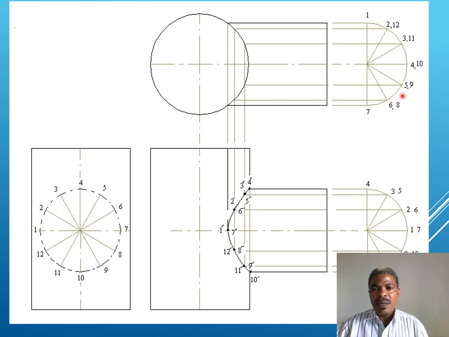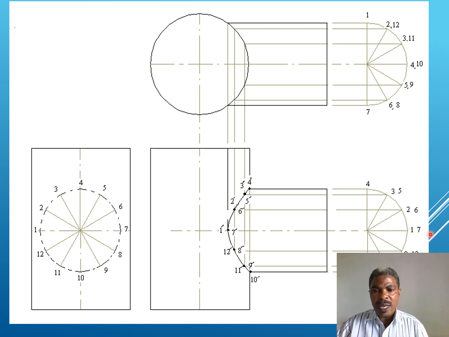You can see 2 numbers at one point, like 4 and 10, 7 and 1, 2 and 12. One thing to note here is the position of 1 and 7 for the plan view, and what happens for the front view.